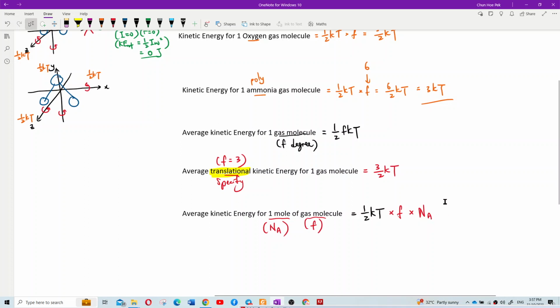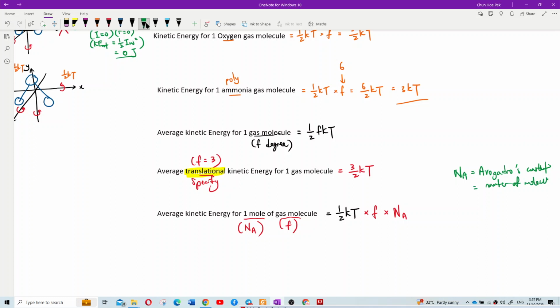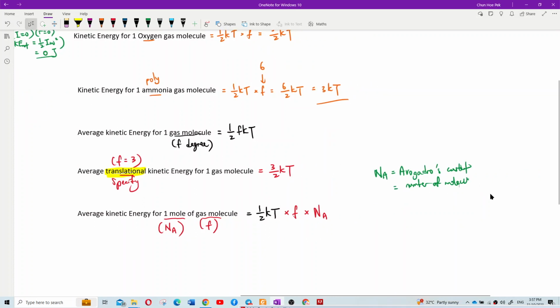I must multiply by N_A. What is N_A, class? I know it's the Avogadro constant. Avogadro constant is the number of molecules in 1 mole of gas.